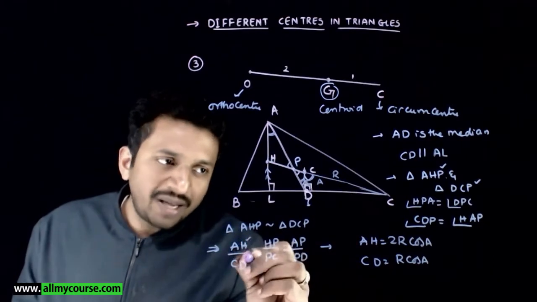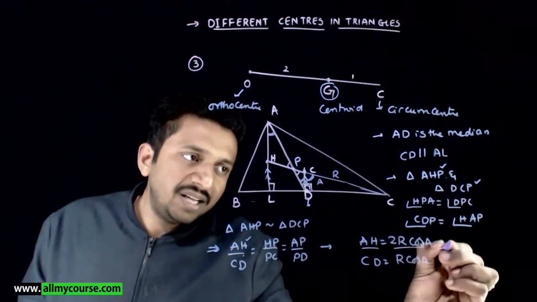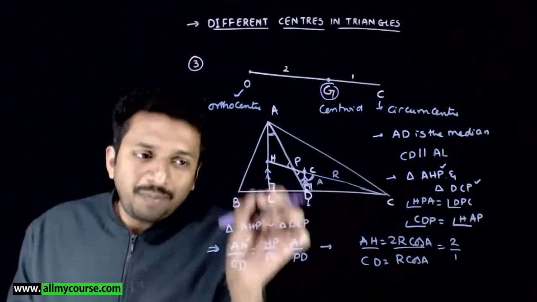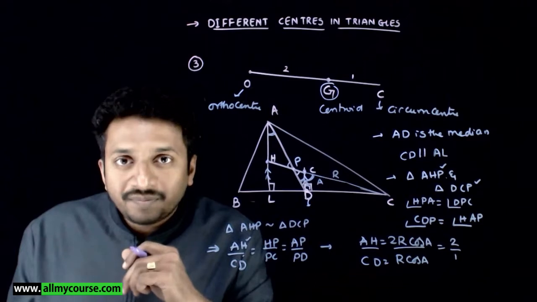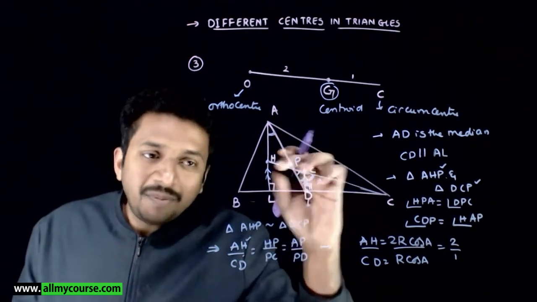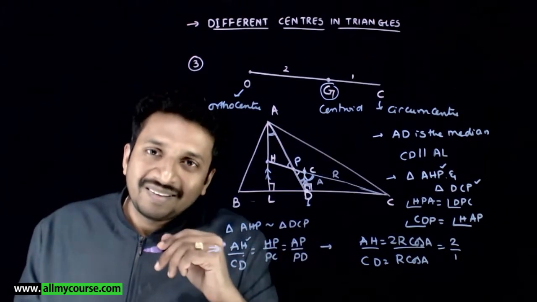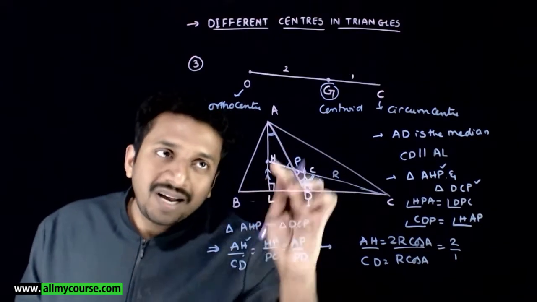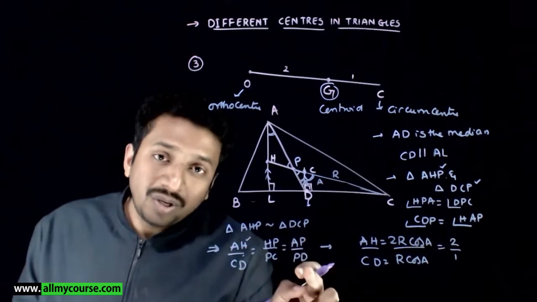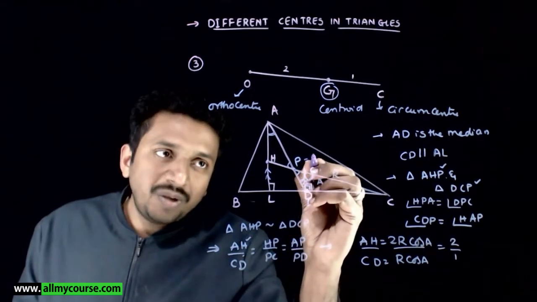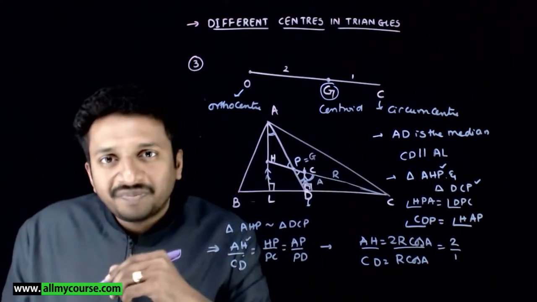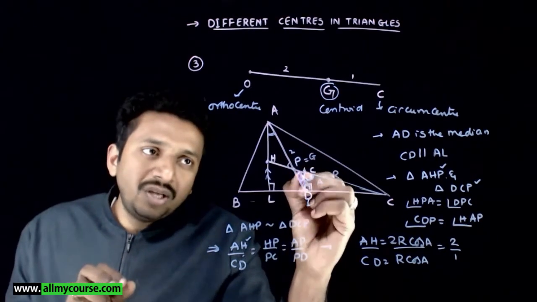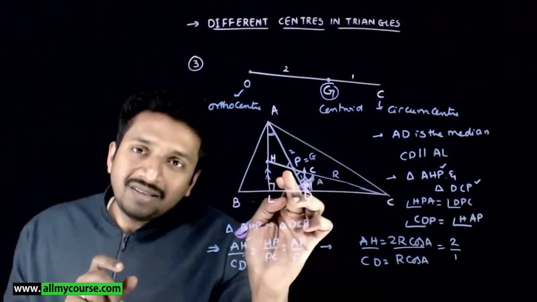So what is AH by CD? AH by CD is 2 by 1. That means HP by PC is also 2:1, and AP by PD is also 2:1. So this point P divides AD in the ratio 2:1. That means P should be exactly the same as G, because the point which divides the median in the ratio 2:1 is nothing but the centroid.